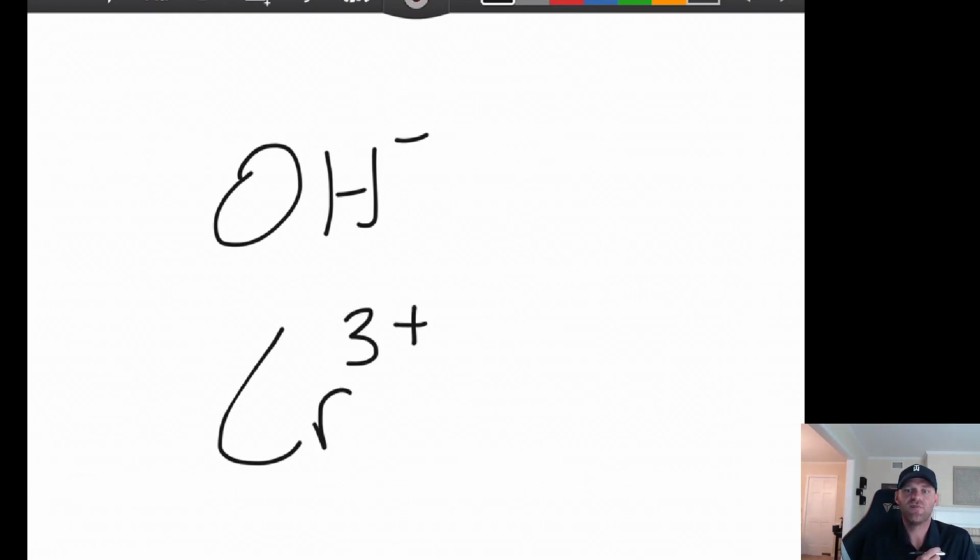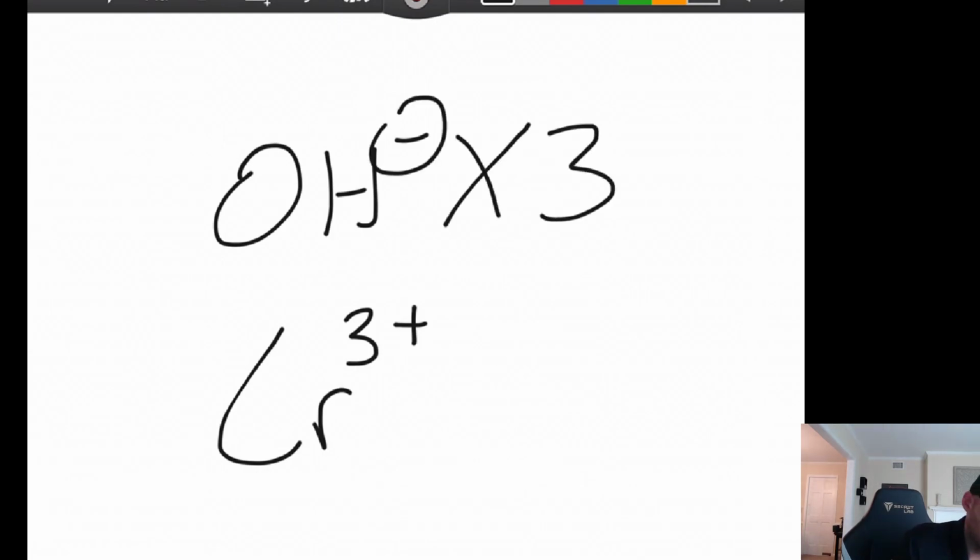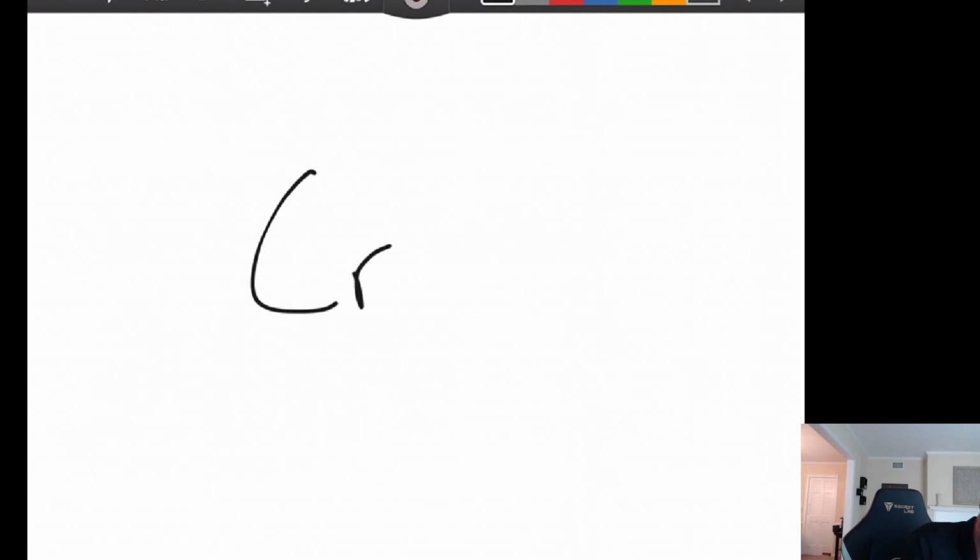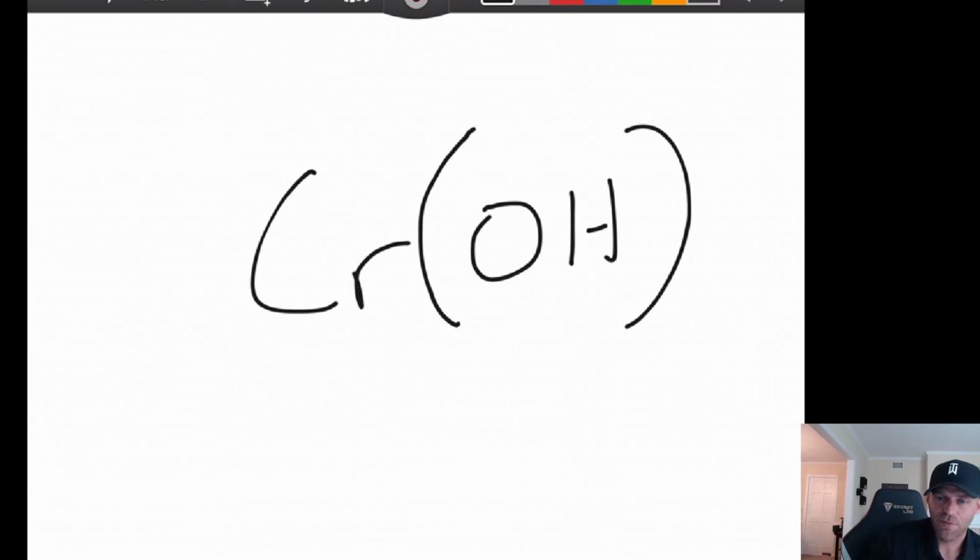So I need to find a way to hook up hydroxide with chromium and balance the charges. I'm going to need 3 of these because it only has a 1 minus charge, and I need to balance it out with a 3 plus charge. So I need 3 hydroxides to go with 1 chromium. Remember, I write the positively charged metal first, and then for the hydroxide, since it's its own atom, I put it in parentheses, and I put a little 3 behind it. So this is how you write chromium hydroxide, okay?